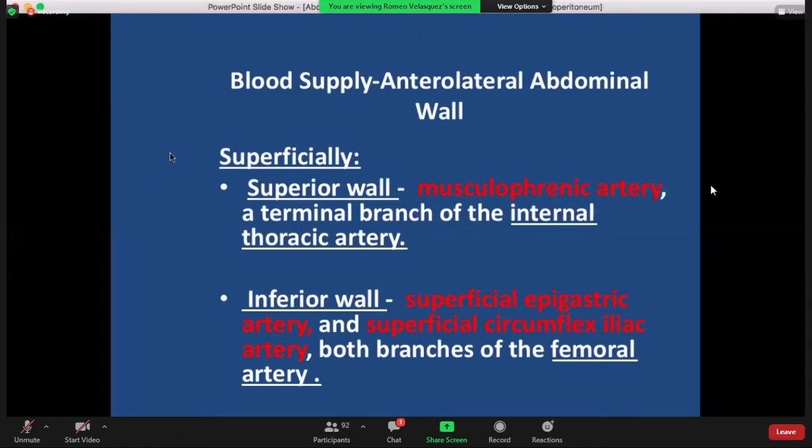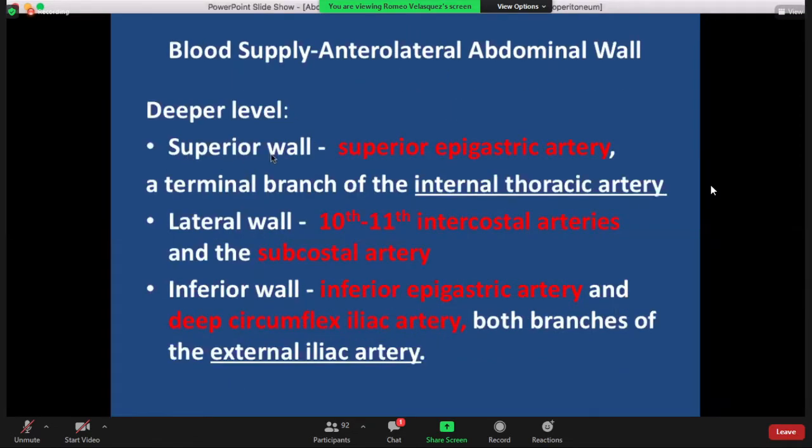So as you go deeper, the superior wall is supplied by superior epigastric, terminal branch of internal thoracic artery again, and lateral wall by 10 to 11 intercostal arteries. So you can see the intercostal contributing, and also the subcostal artery contributing to the lateral wall.